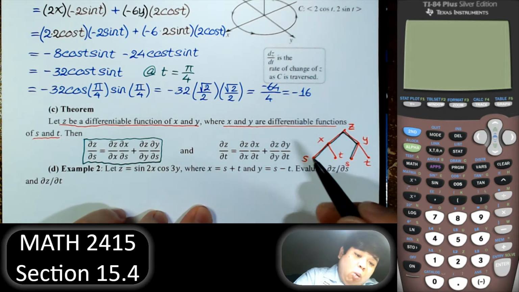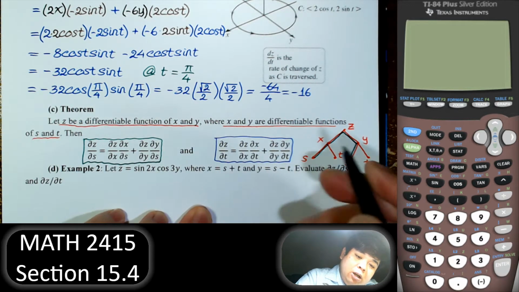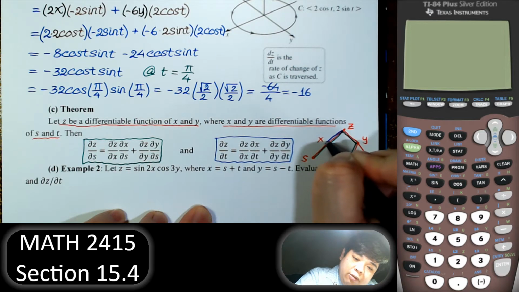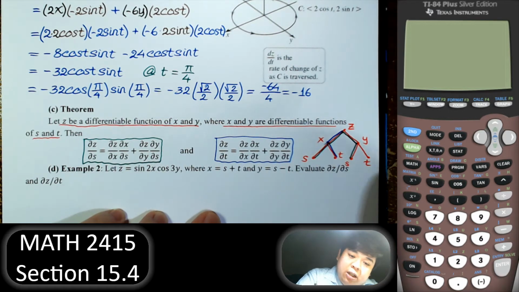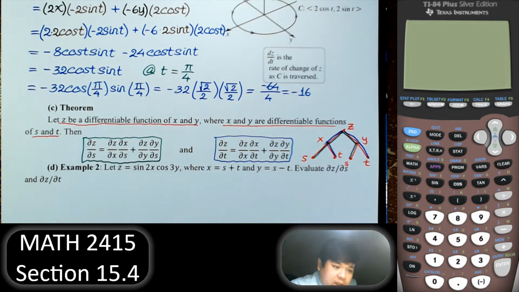Now, if we want the derivative of z with respect to t, we go from z to x, then from x to t, and then from z to y, and then from y to t.